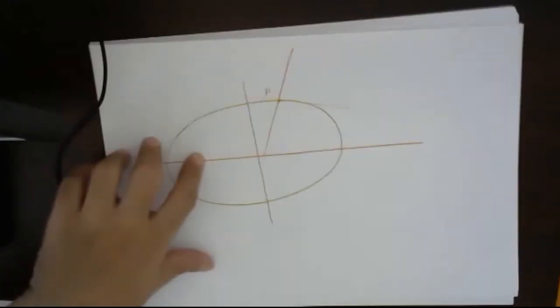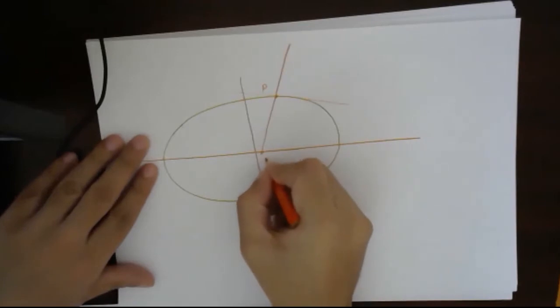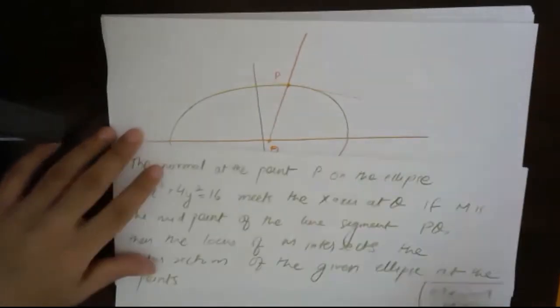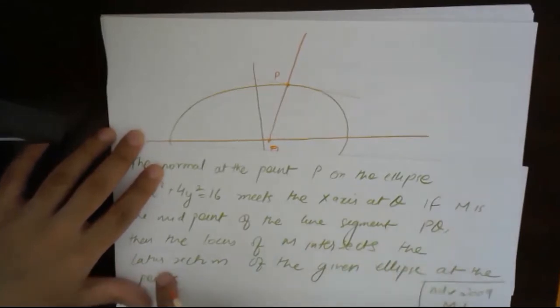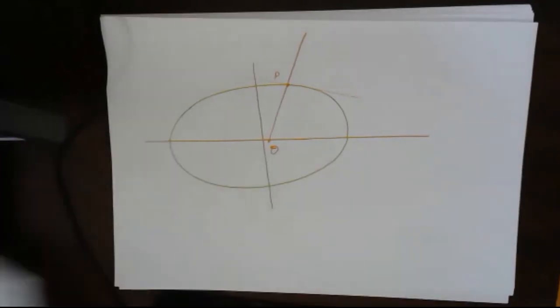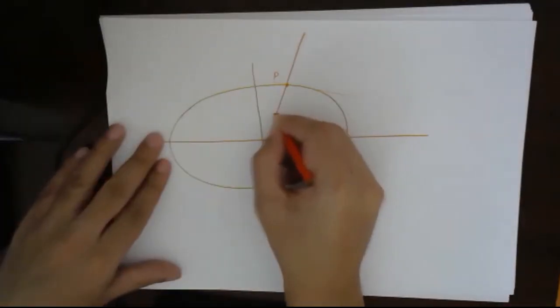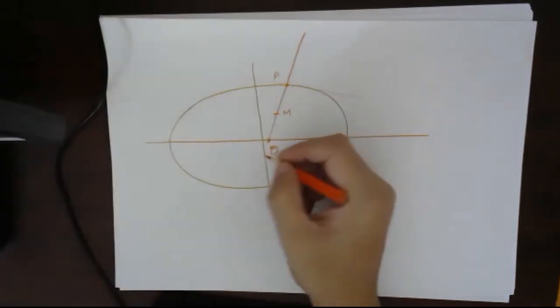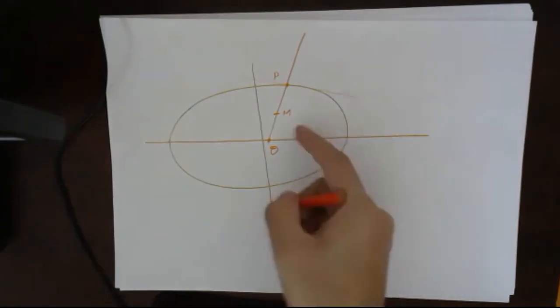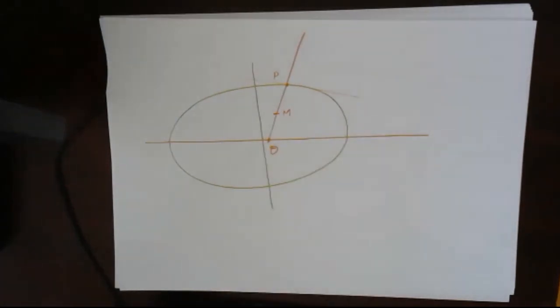And this will be the point Q. If M is the midpoint, then this will be the midpoint of PQ. Then you have to find the locus of M, right?